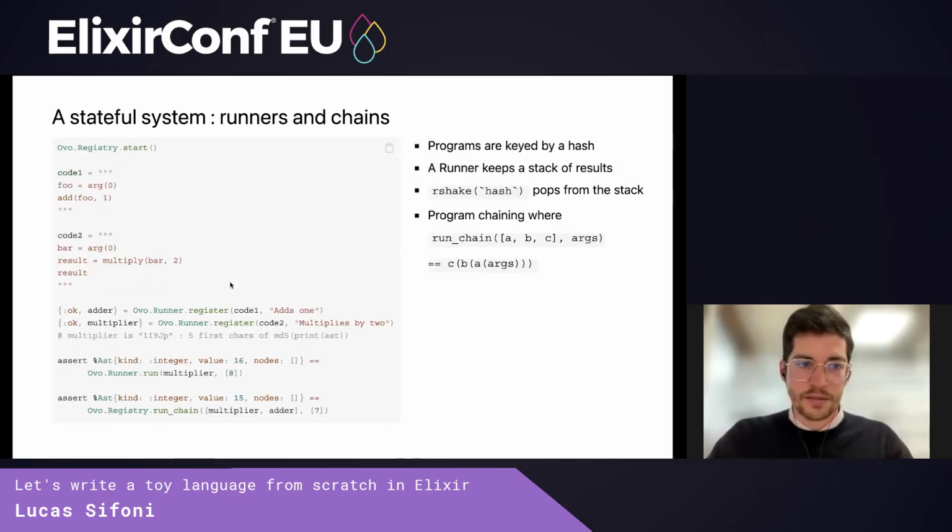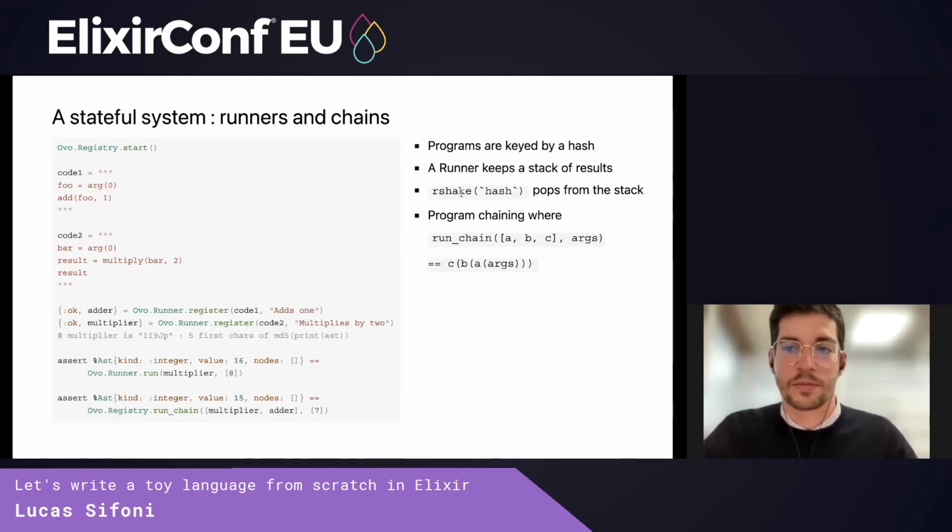Building on that, I started to think about program runners. So there's a registry of programs, and programs are registered as runners, which are a little description, the code, and the AST. And every runner has a stack of results too. And from OVO, you can call airshake with the hash of a runner to pop a result from the stack.